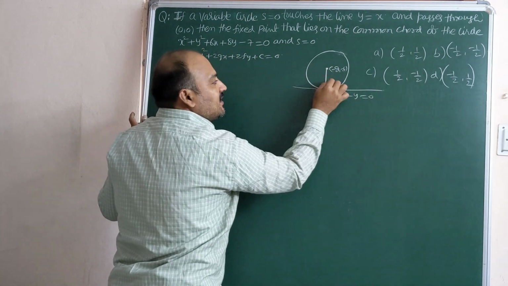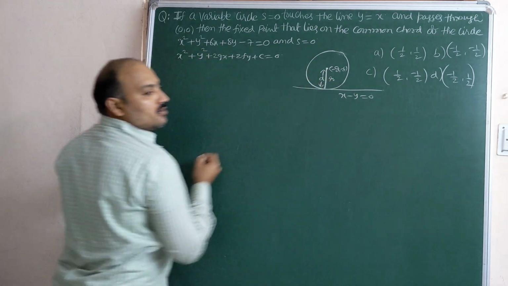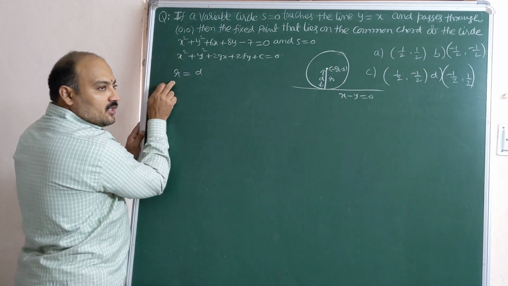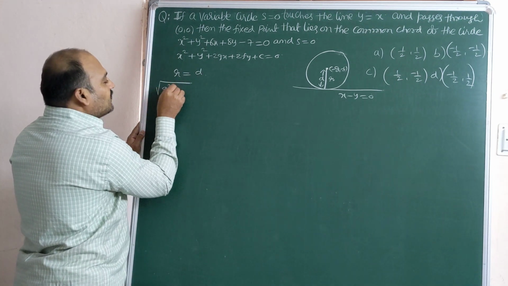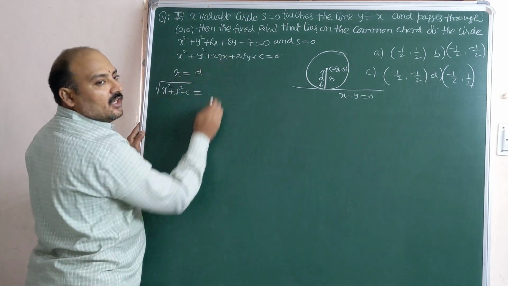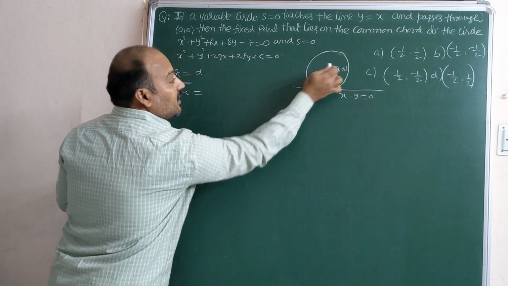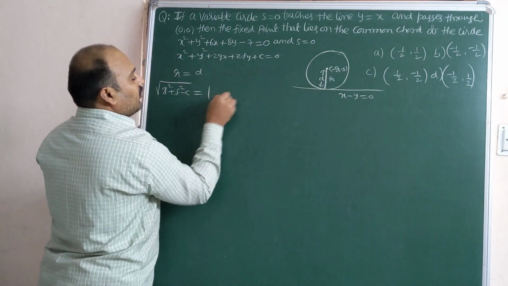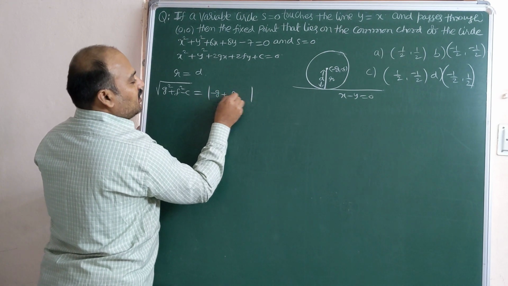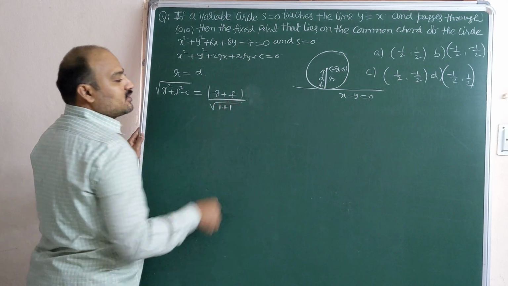Whenever the line touches, radius of the circle equal to perpendicular distance only, no? So r is equal to d. R value is what? Root of g square plus f square minus c, radius of the circle. Next, d, perpendicular distance from minus g, minus f to this line: minus g plus f divided by root of 1 square plus 1 square.